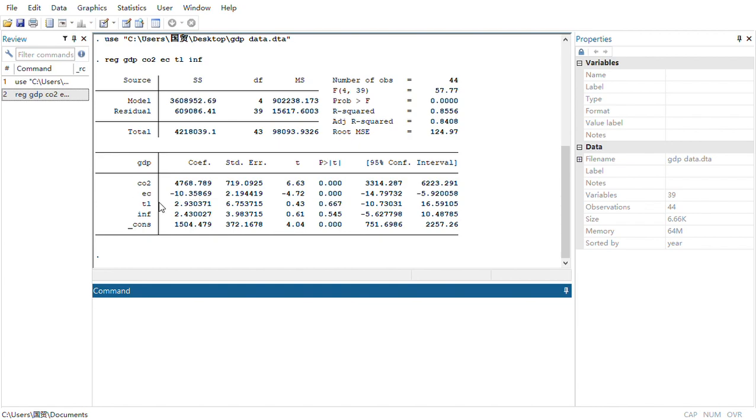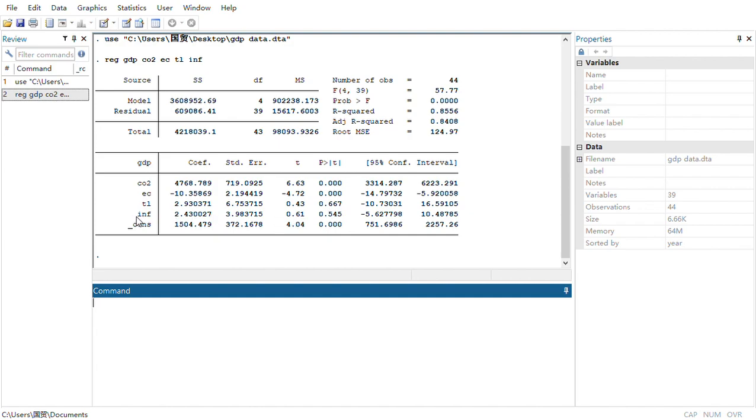When we look at trade liberalization, an increase in trade liberalization will increase economic growth by 2.930371. But the result is statistically insignificant, because as we told you, any p-value greater than 0.05 is insignificant.